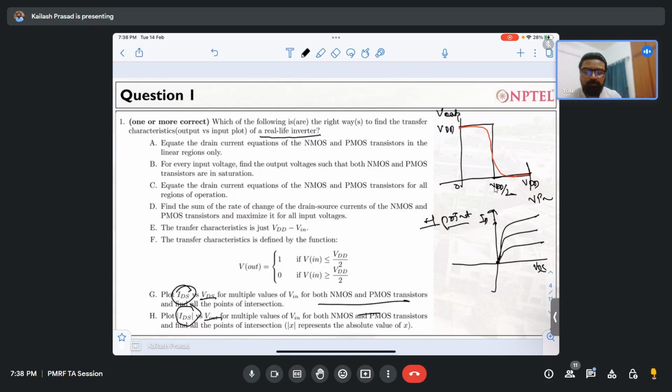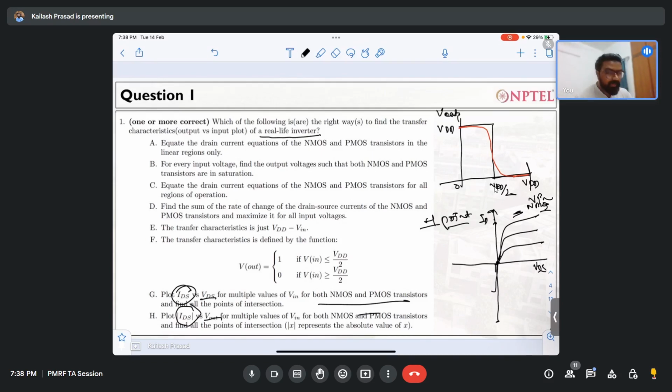Now what you do, if you don't take mod, this is for NMOS. Okay, this is for NMOS. If you plot for PMOS, how will it happen? It will be like this. So this is your VDS, and the ID will be negative in that regard, and if ID is negative with VDS, it will not come in this particular quadrant.